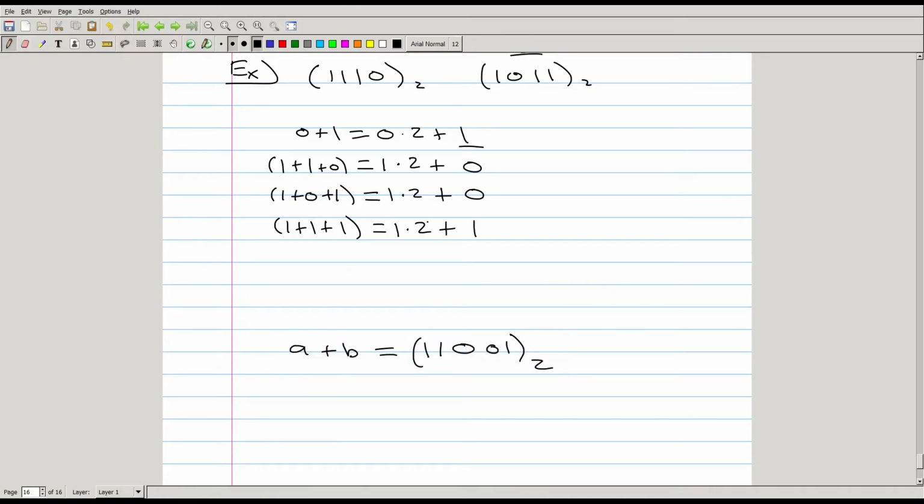Then lastly, our quotient term here is 1. And 1 is equal to 0 times 2 plus 1. And what we're left with is the number 10011, which is the same as our quick calculation before, just having applied the algorithm.